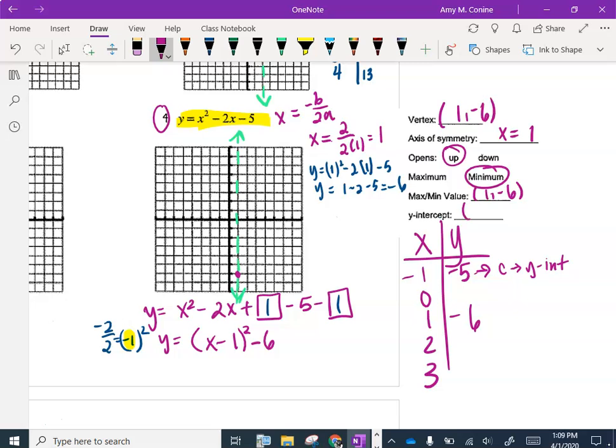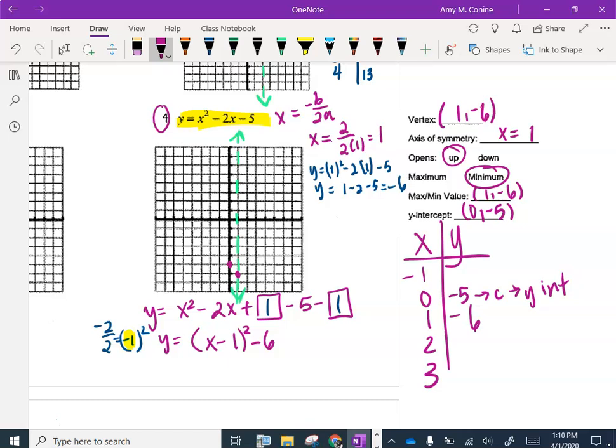Oops, that's not in the right place. Good one, Mrs. Conine. Negative 5, which is c, your y-intercept. See, it just proves we all make mistakes, and we can just fix them real quick. So I'm going to put 0, negative 5 as my y-intercept, and I'm just going to find my other values.